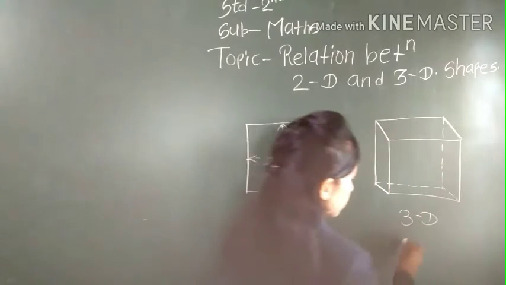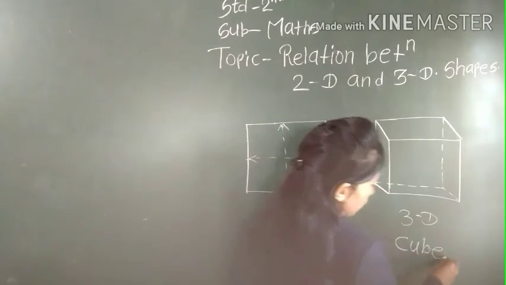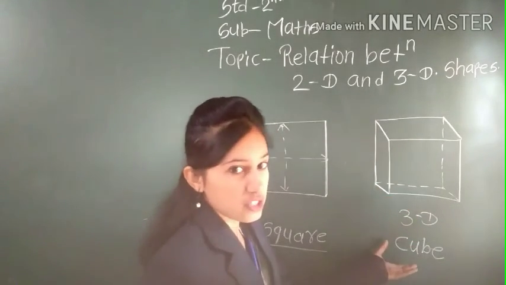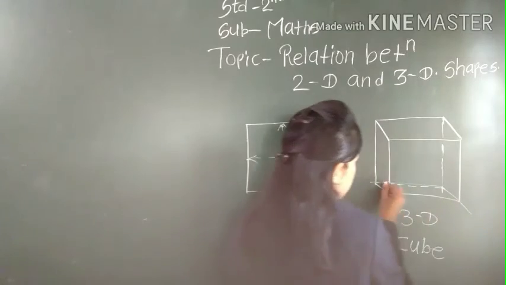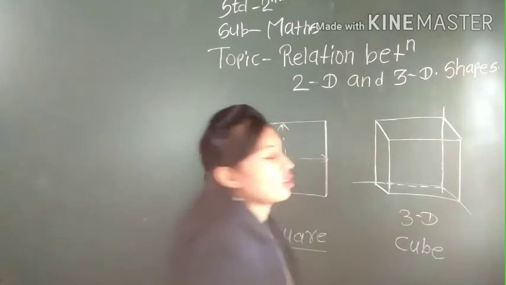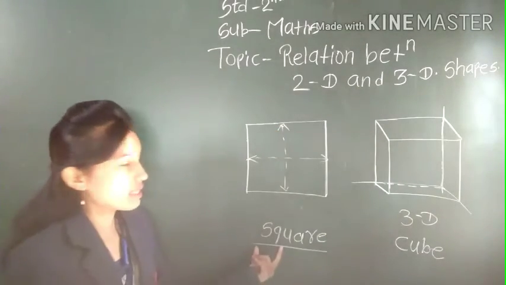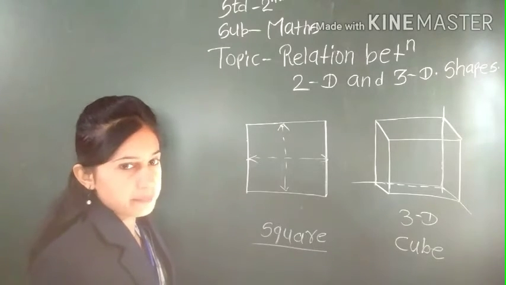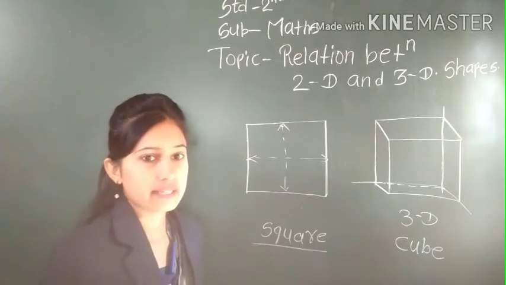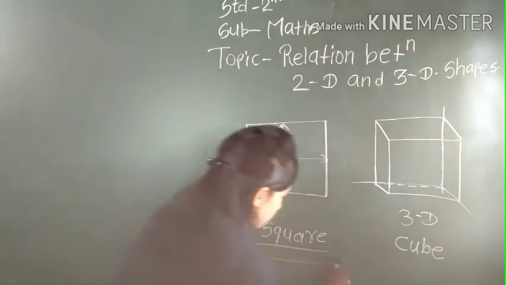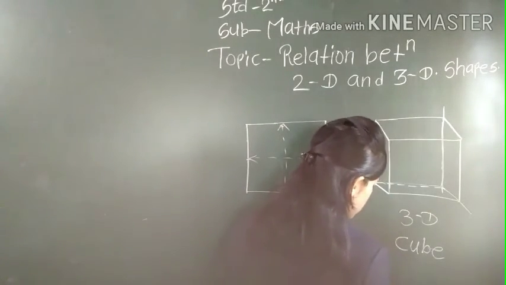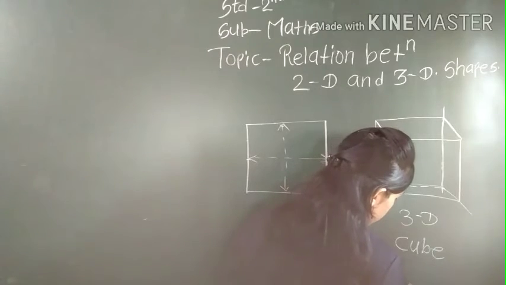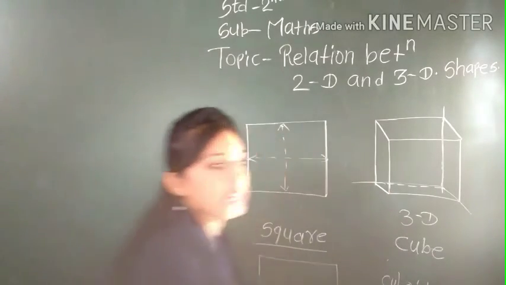This is a cube. Cube is three-dimensional and square is two-dimensional. Also rectangle is two-dimensional, and cuboid is three-dimensional.